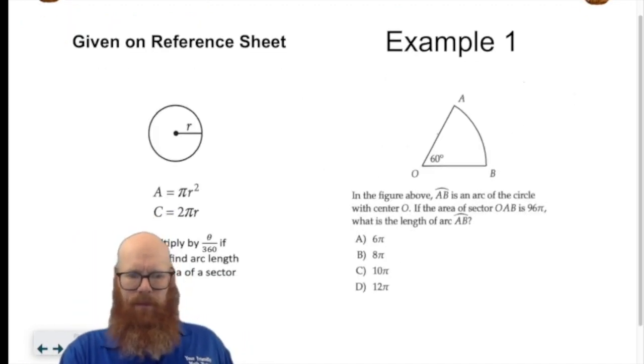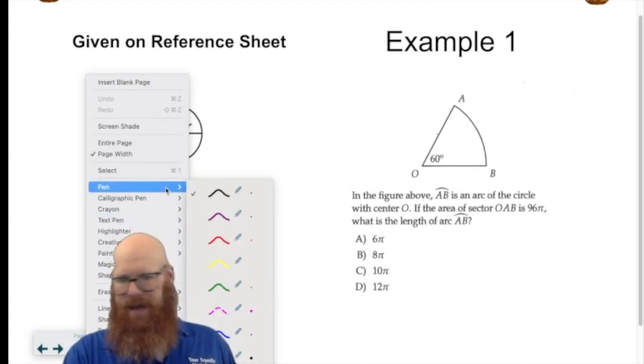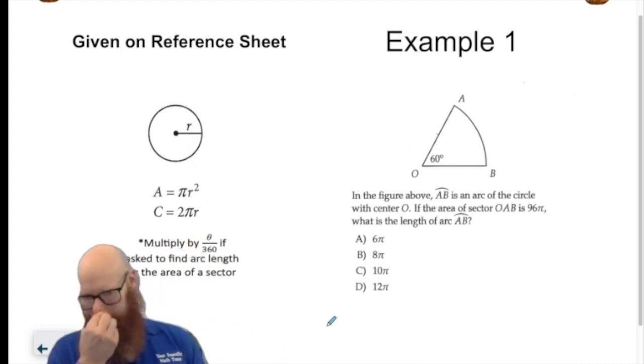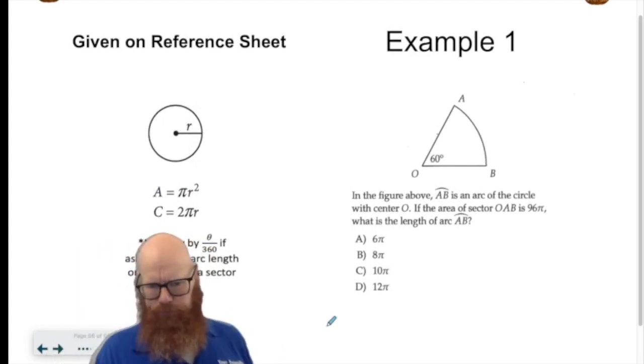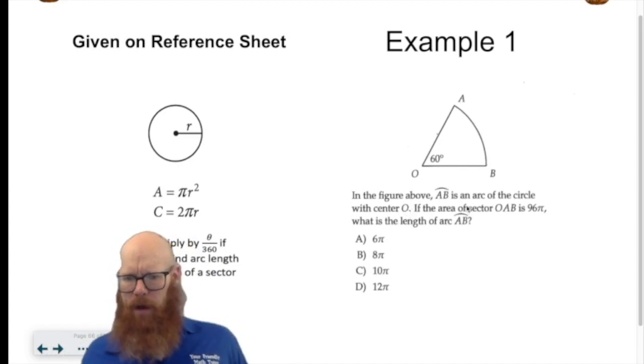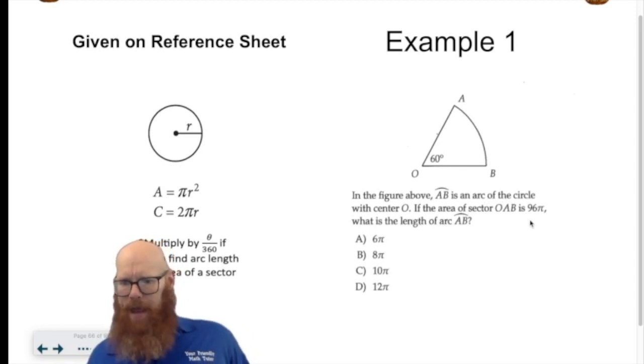And the big thing with circles is going to be sectors, so both the length of an arc and the area of a sector. Let's take a look at example 1. In the figure above, AB is an arc of the circle with center O, the area of the sector is 96 pi. What is the length of the arc? The area of the sector is related to the area of a circle.